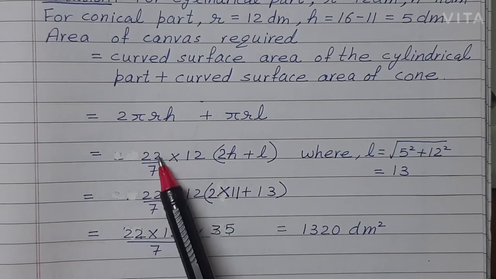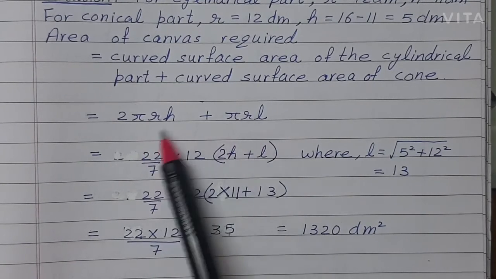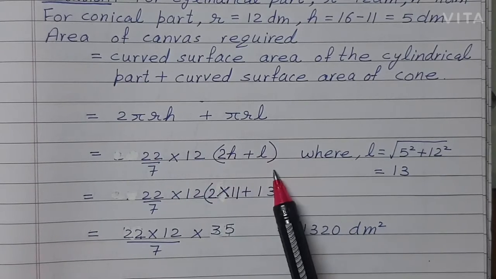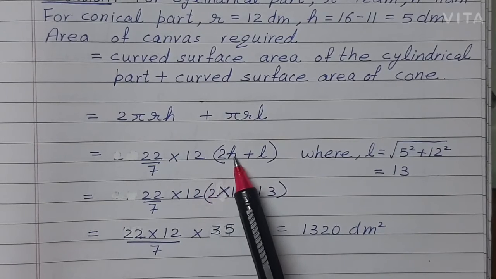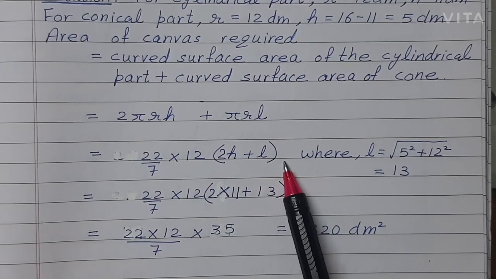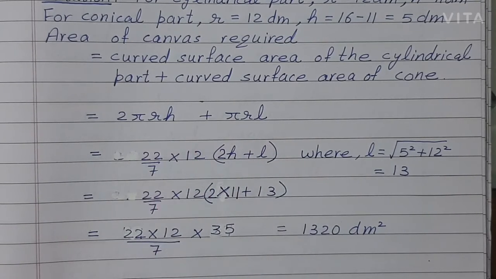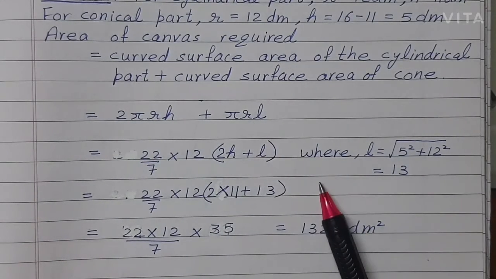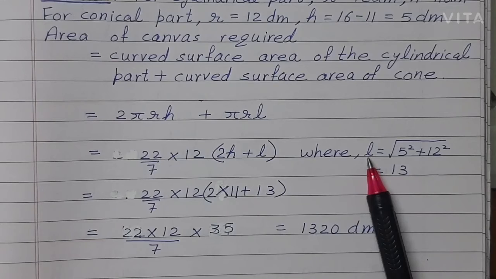Pi is 22 by 7 and r is 12, and in the bracket you are left with 2h plus L. By doing so, the calculation becomes easier. Now let us see what L is.